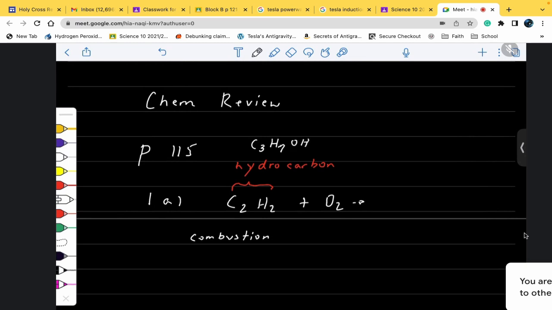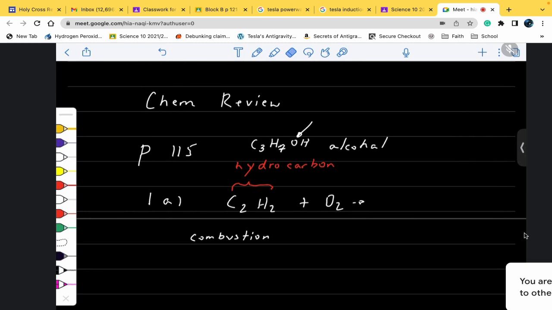This is an alcohol. It looks just like a hydrocarbon except it's got an extra oxygen tacked on. It's propanol, okay? It's an alcohol because it's got the extra oxygen. Other than that, it looks like a hydrocarbon.